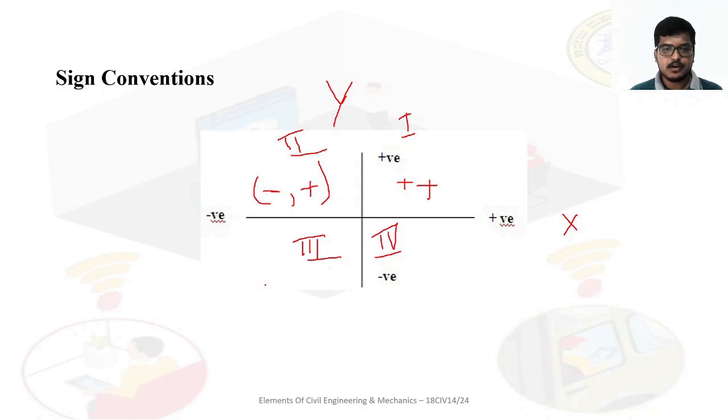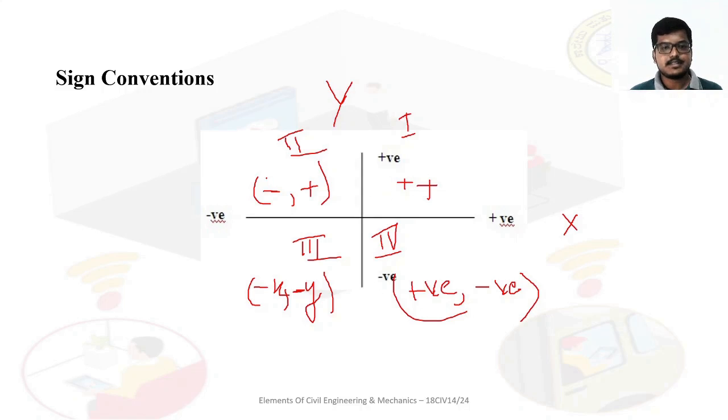In the third quadrant, the value of x is negative and y is also negative. In the fourth quadrant, x is positive and y is negative. So in the first quadrant both are positive, second quadrant negative and positive, third quadrant both are negative, fourth quadrant positive and negative. This you need to remember. This is very important whenever we solve problems related to resolution and composition of forces in a coplanar concurrent force system.